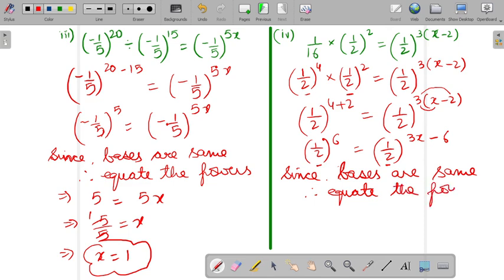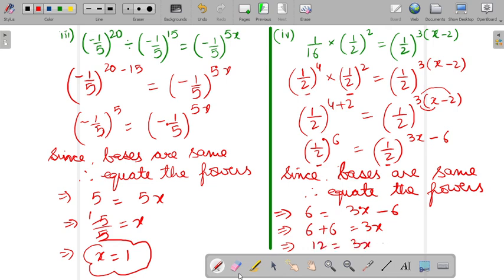So how will you write it further? 6 equal 3x minus 6. What should be next step now? Shift this minus 6 on the other side. So it will become 6 plus 6 equal 3x. So 6 plus 6, 12 equal 3x.